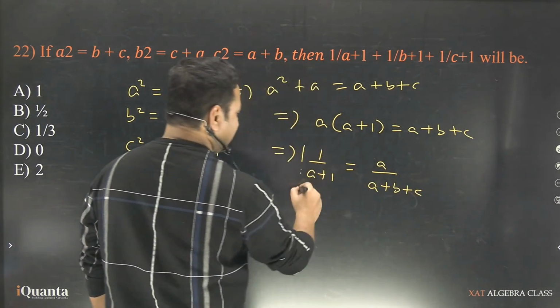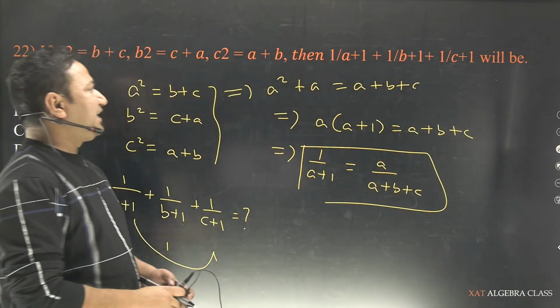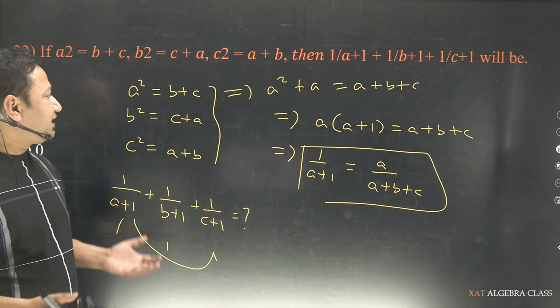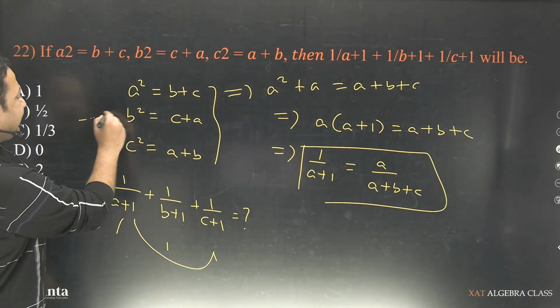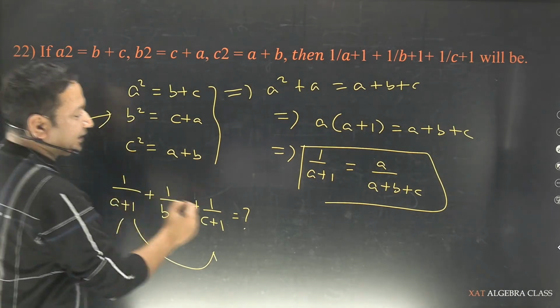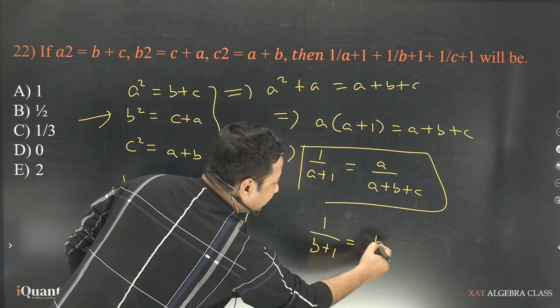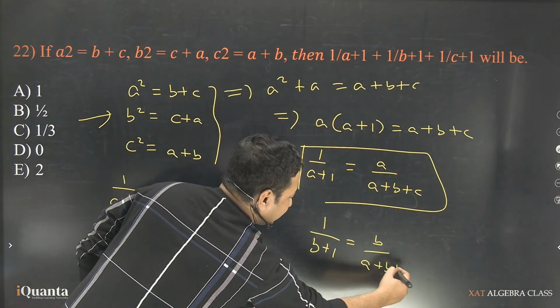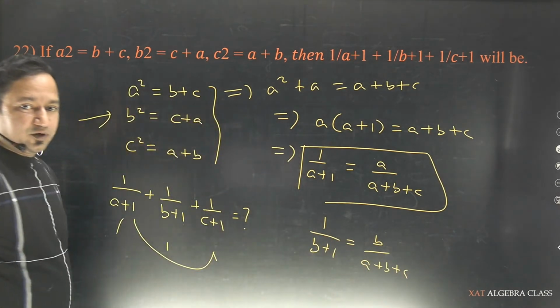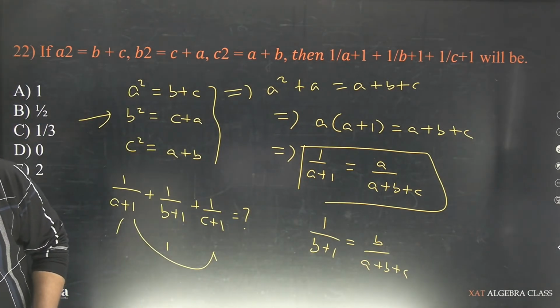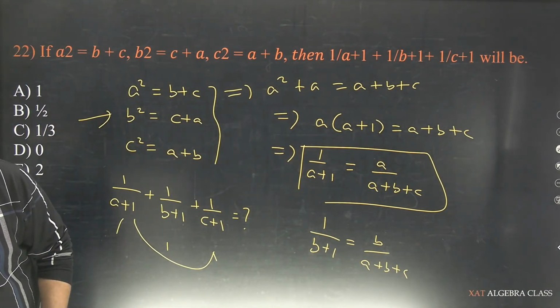Can we say that? Now, if I did this, I added a to the first expression, I can similarly add b to the second expression, isn't it? And get something like, in a similar fashion, 1 upon b plus 1 is equal to b upon a plus b plus c. Is that understandable, everyone? A lot of people do not know this thing, or probably they have forgotten, but now is it clear, everyone?